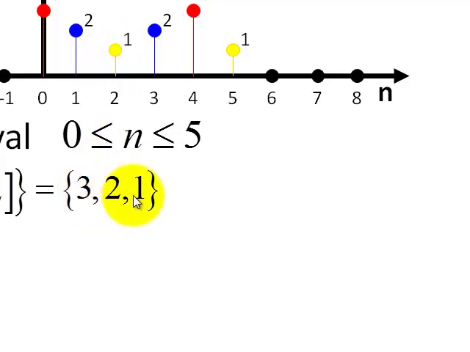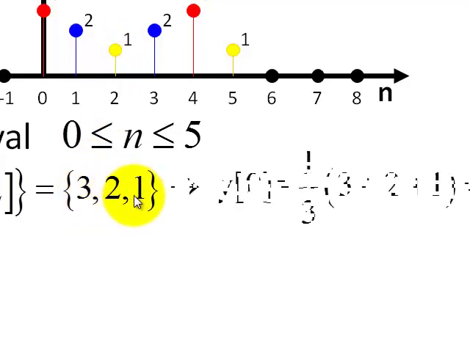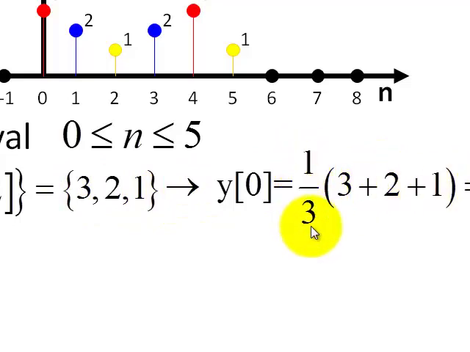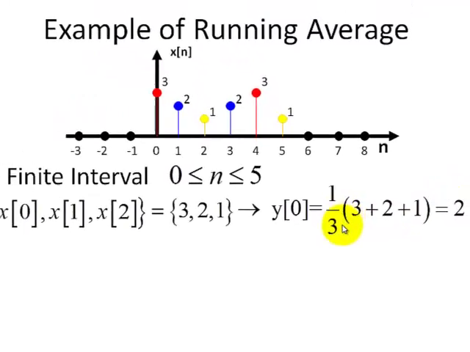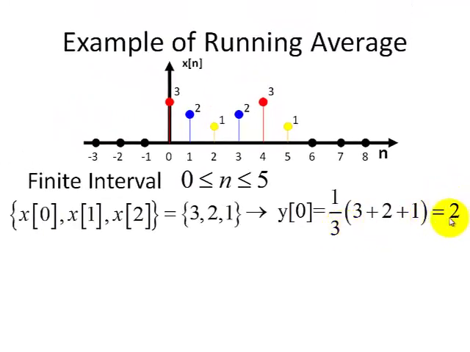We're going to take these three numbers, add them all up, and take the average. So 3 plus 2 plus 1 is 6, divided by 3, gives us 2. The index we used here can be arbitrary, and here it is 0. So for n of 0, we have an output of 2.